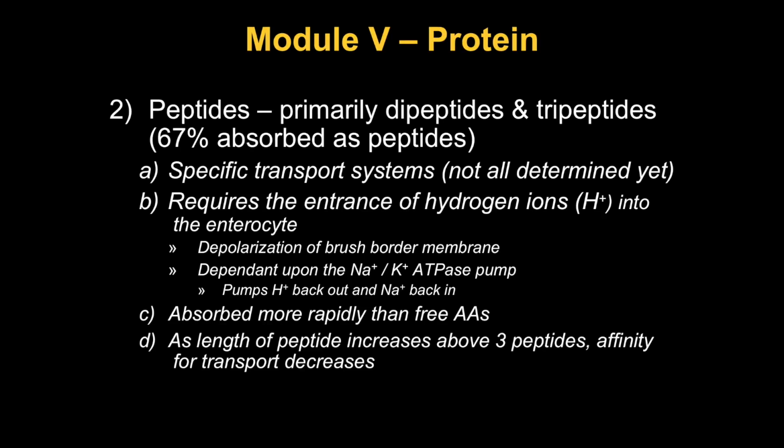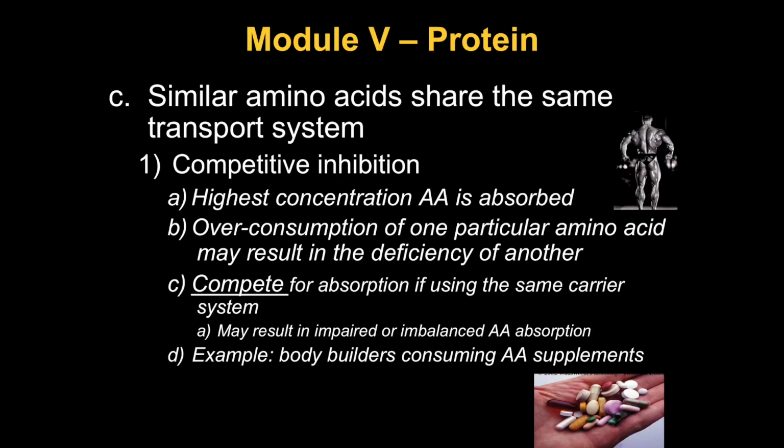So, as far as these transport systems are concerned, it's really important to understand this particular concept, and that is the idea of competitive inhibition. And it's based off of the fact that if we have specific transport systems for amino acids, and if we have amino acids that are sharing those transport systems, then if I overconsume a particular type of amino acid, I could run into the possibility where I now have competition for absorption.